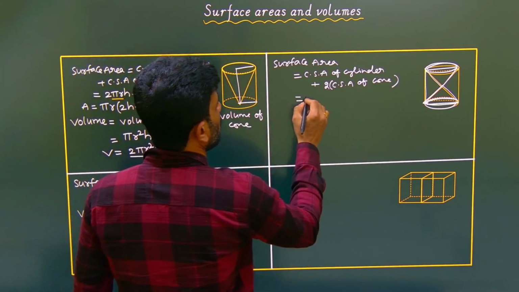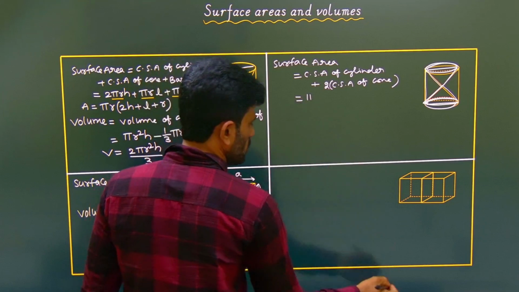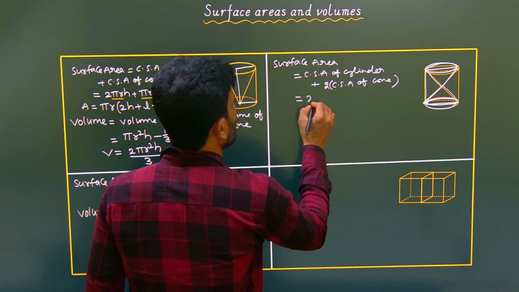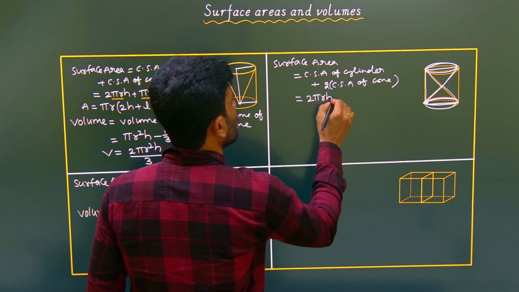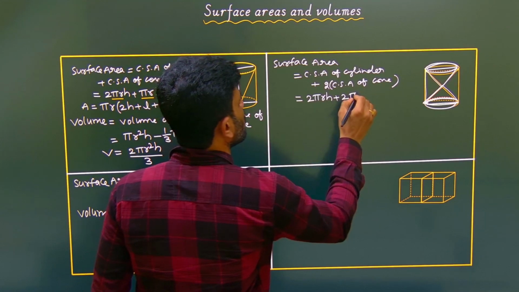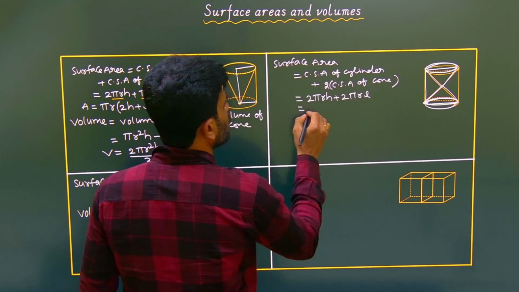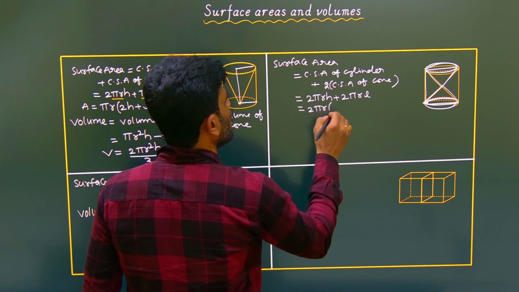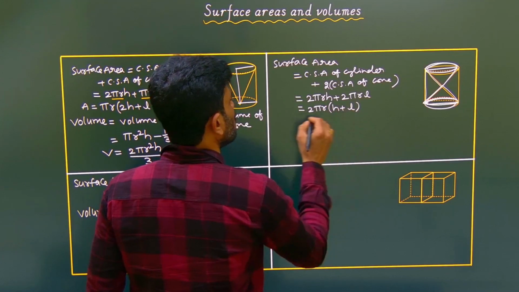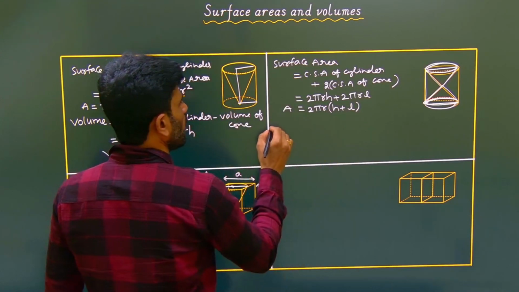So it will be 2 pi r h plus 2 pi r l. We can take 2 pi r common, it becomes h plus l. This is the area.